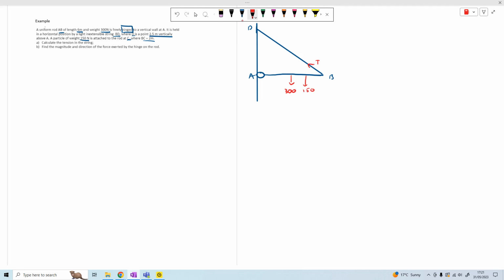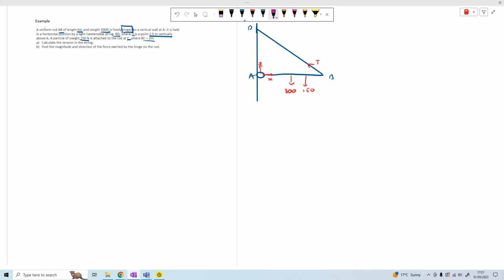And the last thing is I've got this hinge. Now a hinge is going to have some sort of resultant force at an angle, but we don't know what those are, so we're going to split it into two components. It's going to have something in the x direction, and something in the y direction. Then we can figure out what its resultant is and what its angle is afterwards.